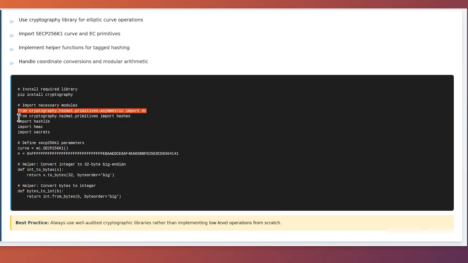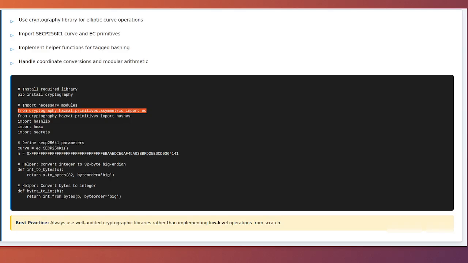The structure of our implementation will consist of several functions. We'll have a function for key generation that creates a private key and derives the corresponding public key. We'll have a function for deterministic nonce generation following RFC 6979, which will use HMAC-DRBG to derive k from the private key and message.